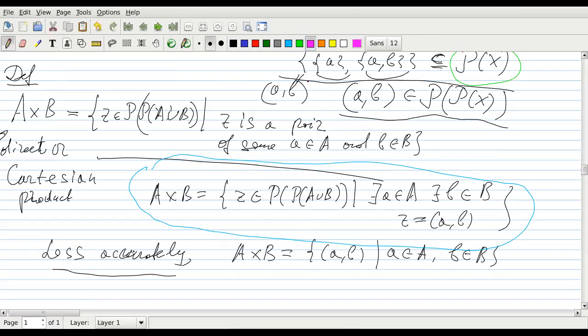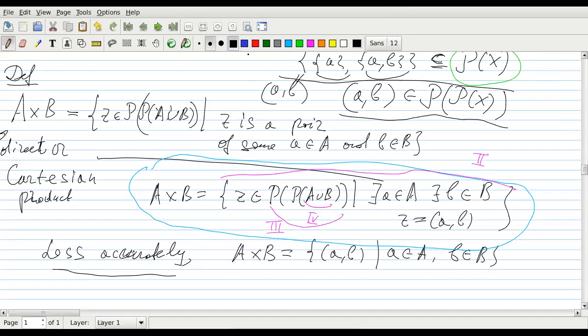We know that the fourth principle says that there is a union. The third principle says that there is a power set, the set of all subsets, and then we apply our second principle of subset specification. So this set is constructed according to our principles. Is it clear? Yes, it is clear.